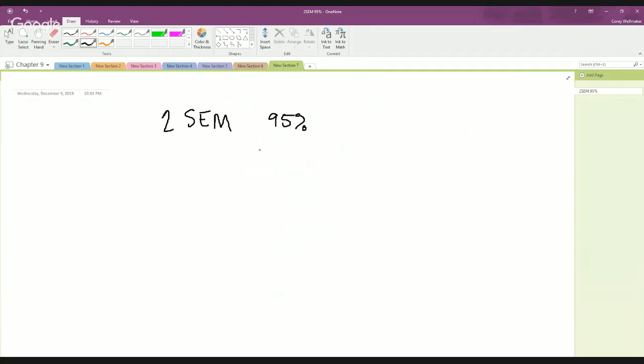In other words, if we only calculated 1 standard error of the mean and then we added that to the sample mean and subtracted that from the sample mean, that would give us a certain interval, and we would be 68% confident that the true population mean falls within that interval.